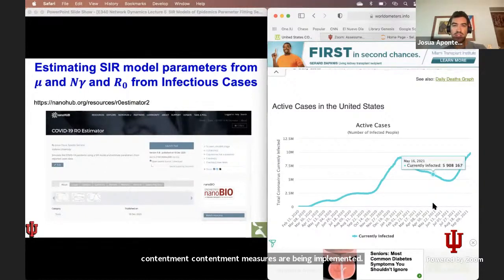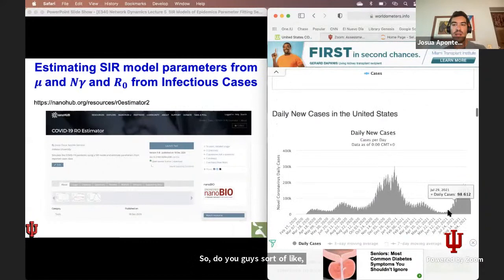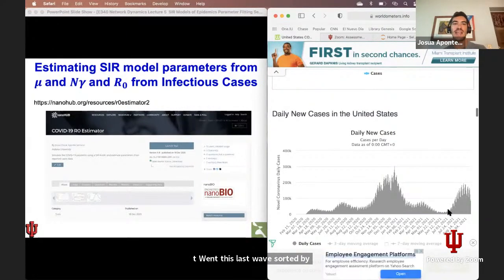So, can you guys make a good guess of when this last wave started? What type of measures were taken by then to try to curb the current wave?